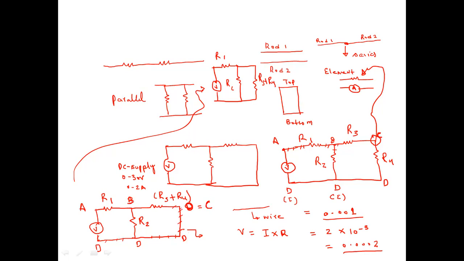Because there is no element between this and this point. Hence, we can say that here also R2 is in parallel with R3 plus R4.